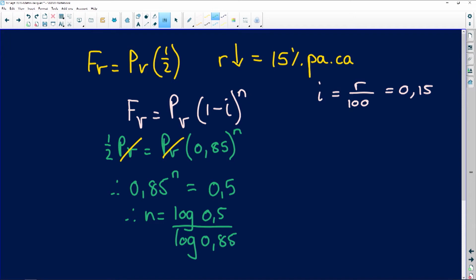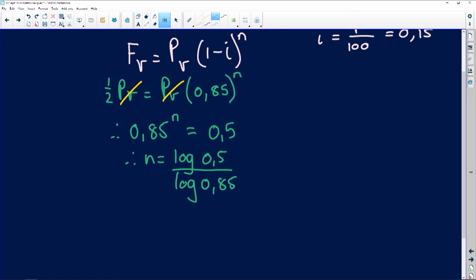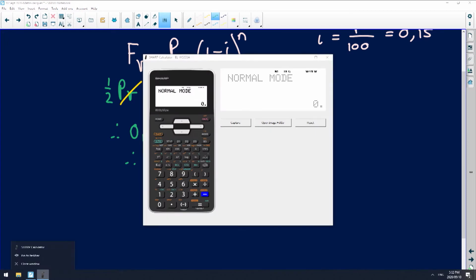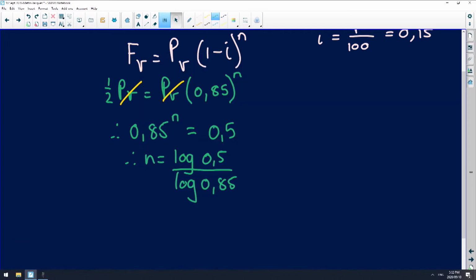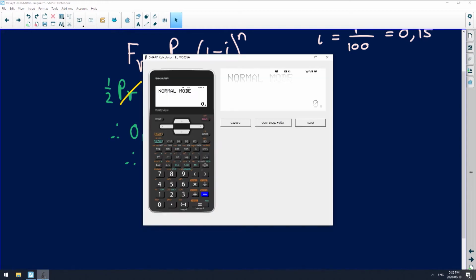Some of you might have fancy calculators, so you can say the log base 0.85 of 0.5. Let's quickly do it. The log of 0.5 divided by the log of 0.85.